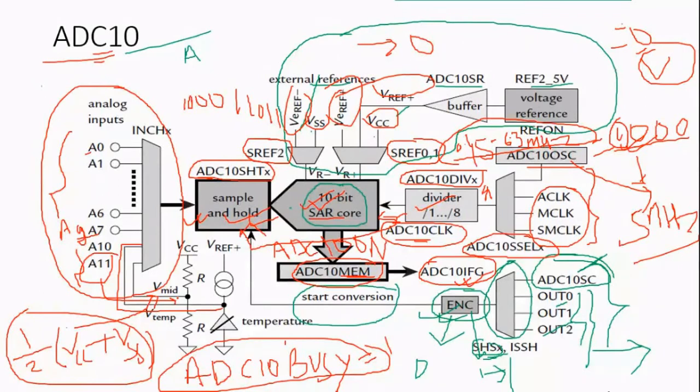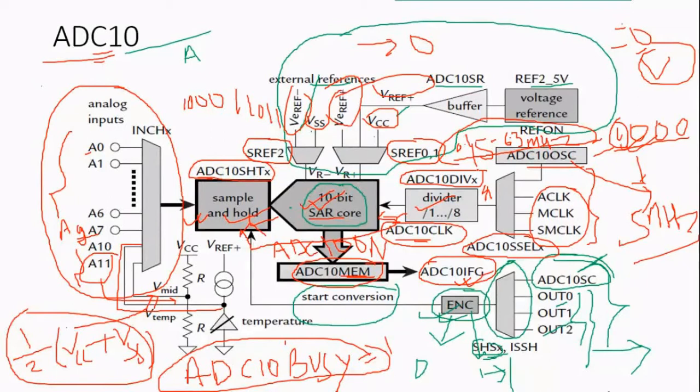Whatever terminology I have written, SHx, ADC10SSELx, ADC10IFG, ADC10SHTx, you will find all of these in the ADC control registers. So how will this operate?